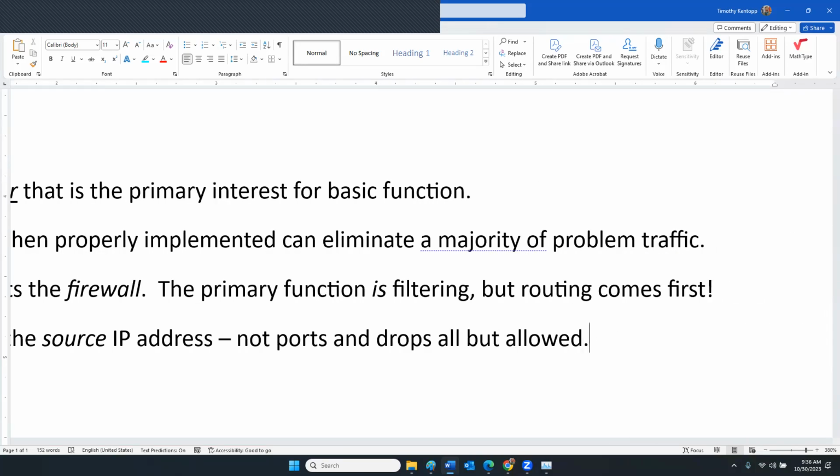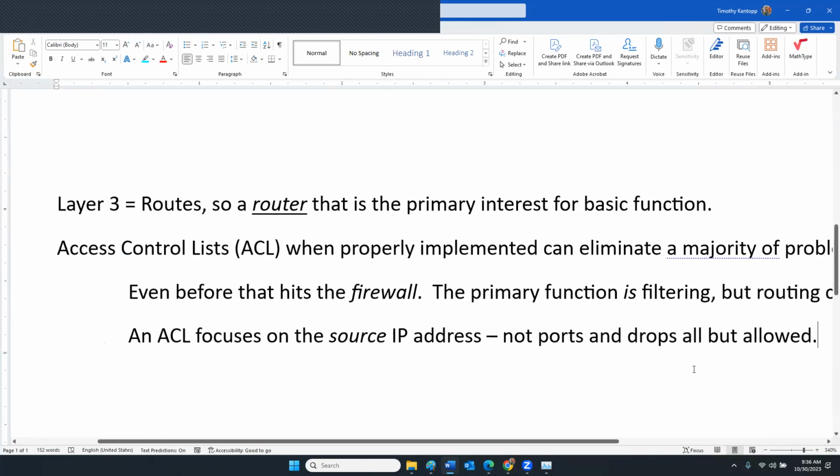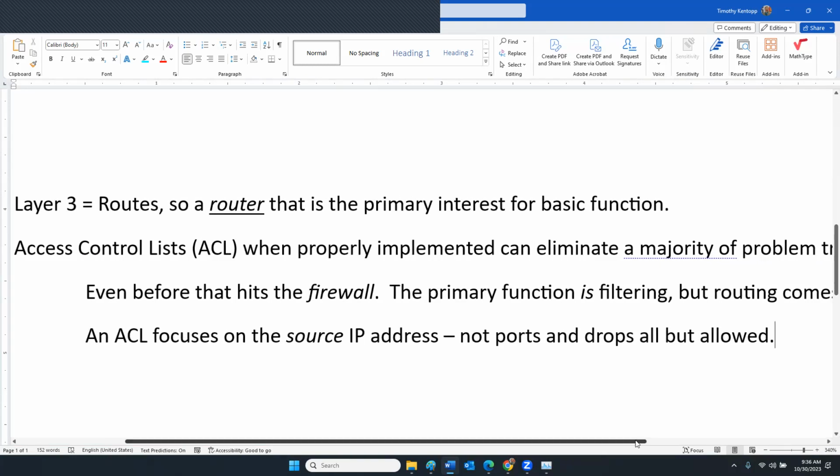If it's set up right, your ACL has a simple rule that says, hey, I'm connected to XYZ network, the internet service provider's network, right? And if I get packets that are coming from anywhere other than the internet service provider, I'm not accepting them, right?